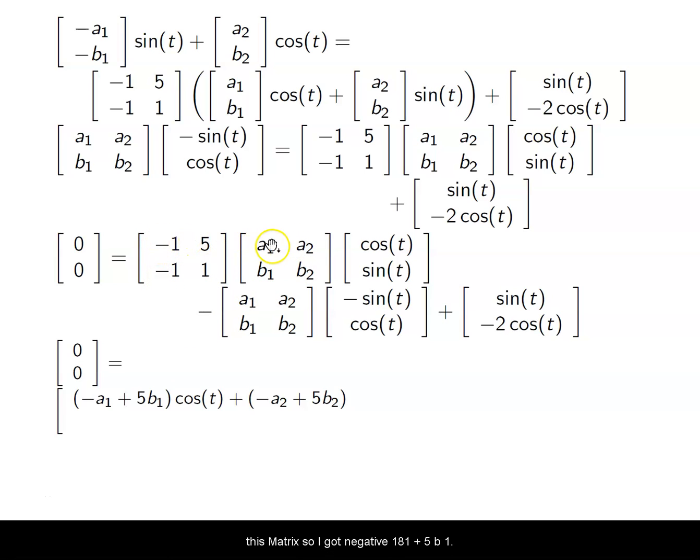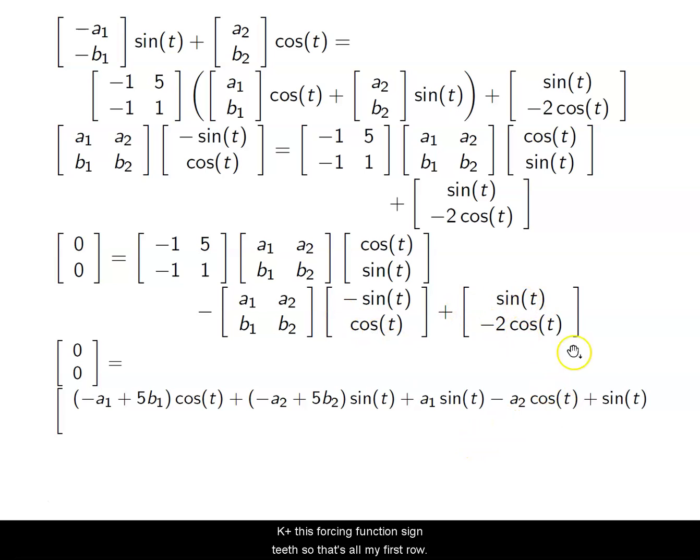So I got negative 1 a1 plus 5 b1 times cosine, right? Negative 1 a2 plus 5 b2 times sine of t. Again, this is just me being very familiar with the way matrix and vector multiplication works, so I can do them all at once, right? Here I'm going to get the same thing: negative a1 times a negative sine t, negative a2 times a cosine, okay, plus this forcing function sine t.